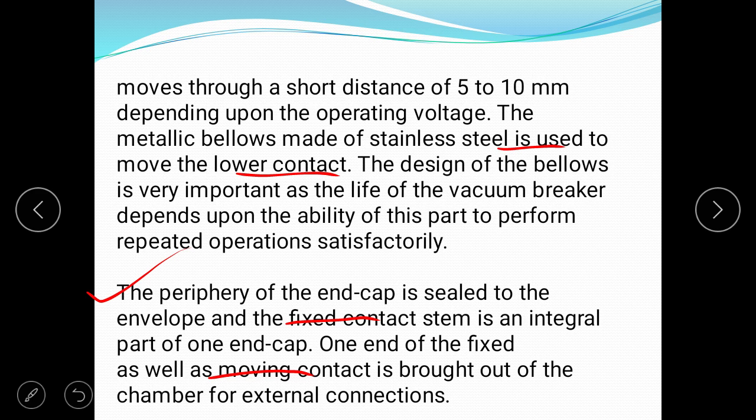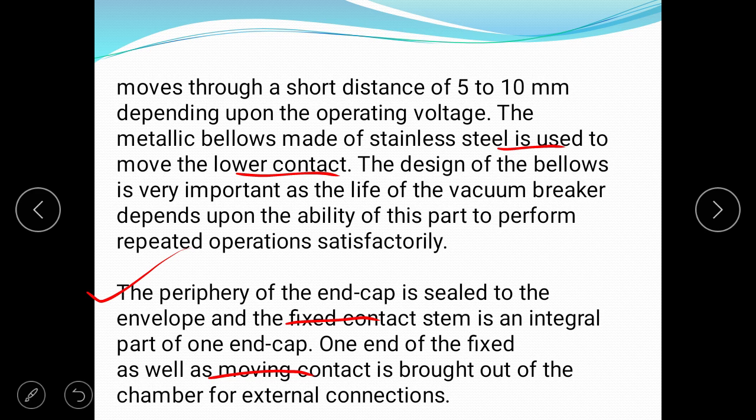Next, there are no gas decomposition products in vacuum, and the hermetically sealed vacuum interrupter keeps out all environmental effects. And next is constant contact resistance. In vacuum, the contact cannot oxidize.